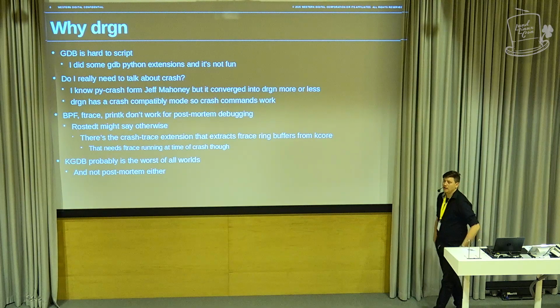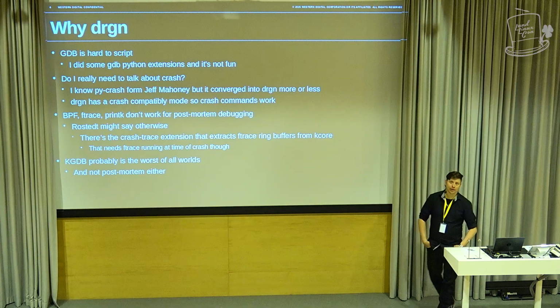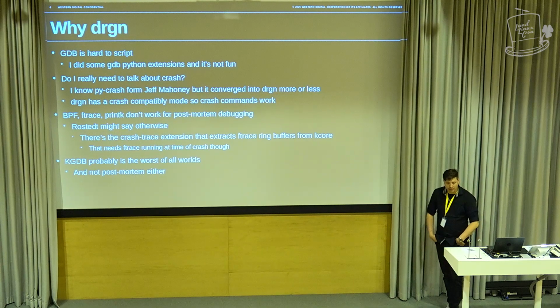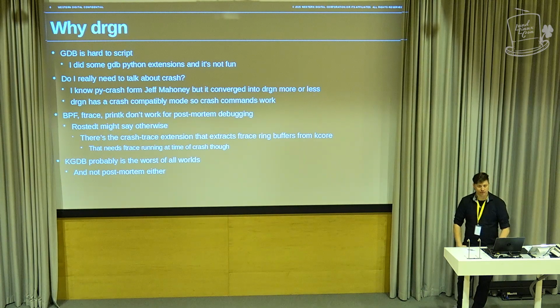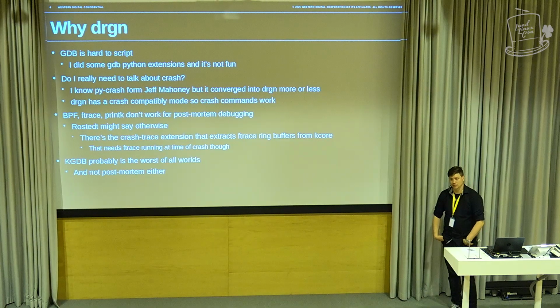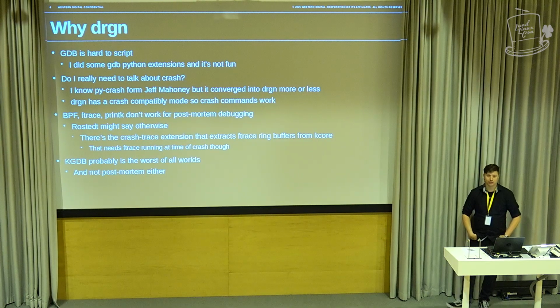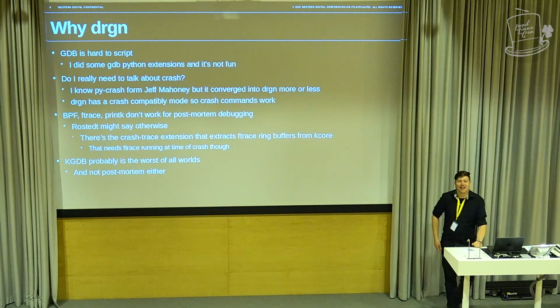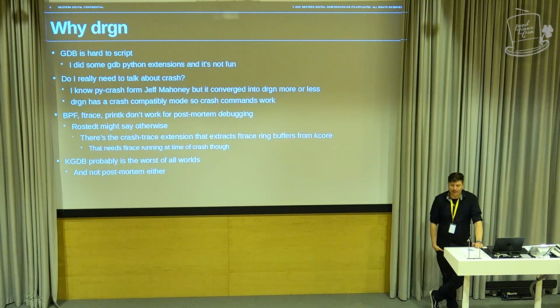So why do we need Dragon at all? Because there are other debuggers around. GDB is hard to script. I did some GDB Python extensions. It was not fun, and I still have PTSD from doing that. Then yeah, there is Crash.